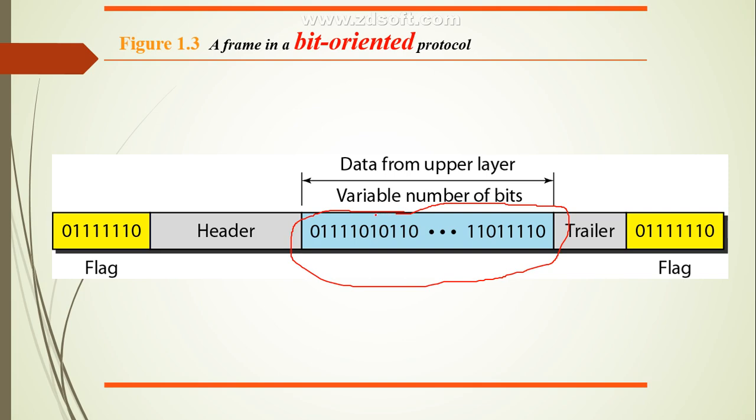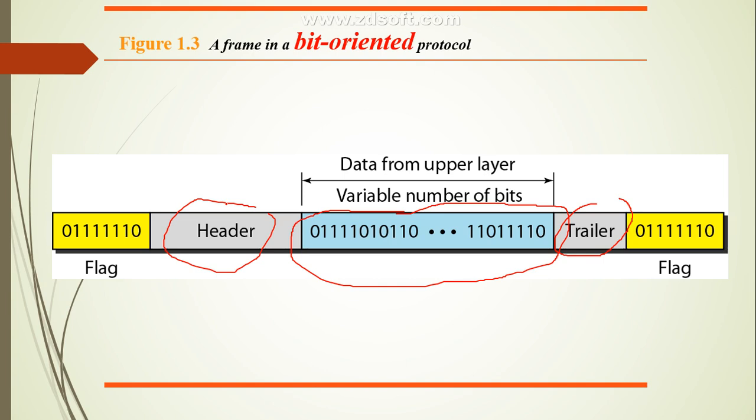The data section of a frame is a sequence of bits to be interpreted by the upper layer as text, audio, video, or so on. Now, in addition to the header and the trailer, we still need a delimiter to separate one frame from another.